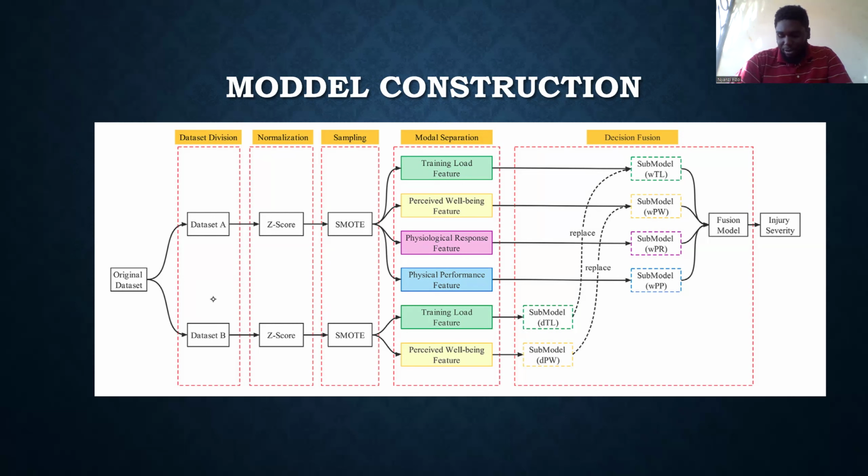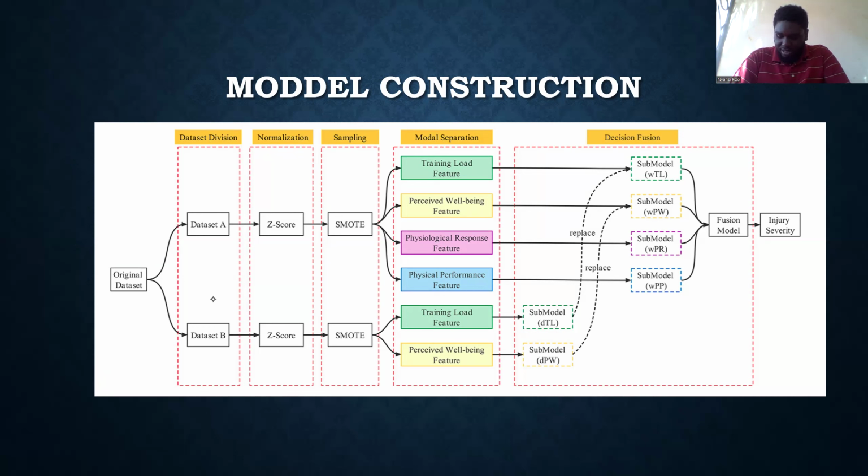initially, we begin by constructing submodels for each modality using dataset A. The decision level fusion determines the model parameters of the fusion model, or what we can call the W fusion model, as you can see on this diagram.